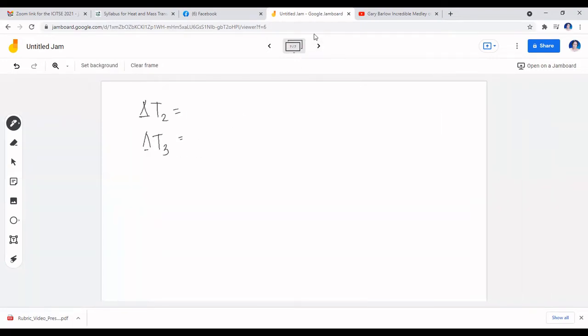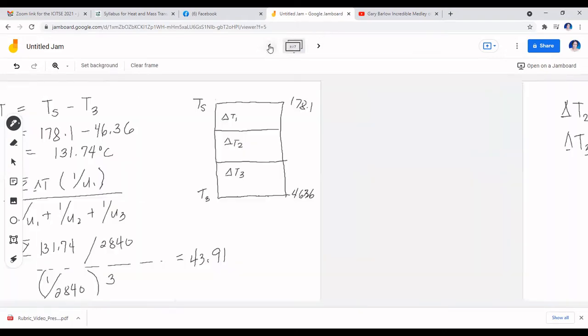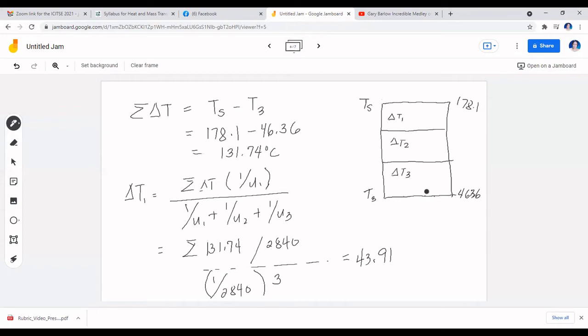So there's no need for you to compute because they have the same U anyhow. So we have 43.91. This is also 43.91.